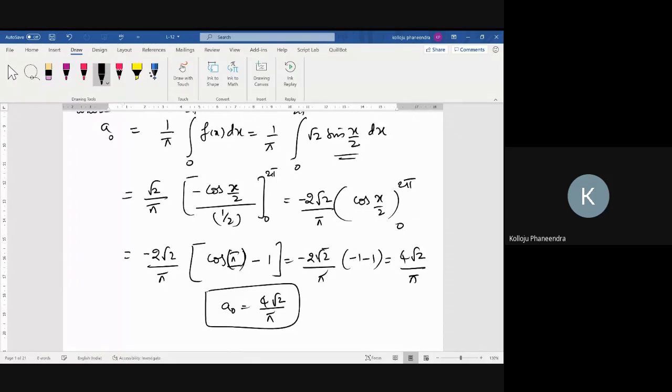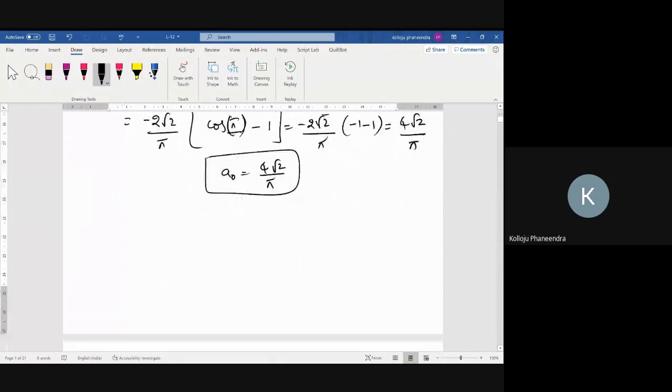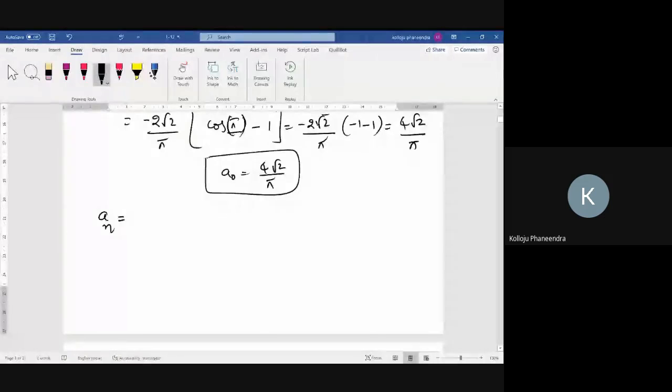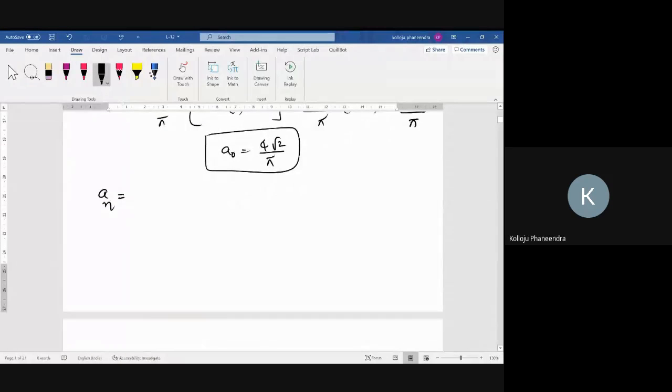A naught is over. Now coming to an. The an formula is 1 over pi integral 0 to 2 pi f of x into cos nx dx. This equals root 2 outside, 0 to 2 pi.